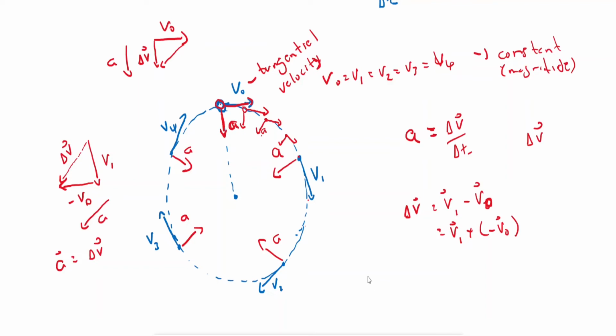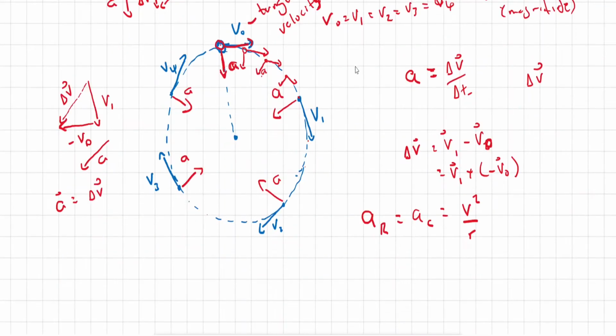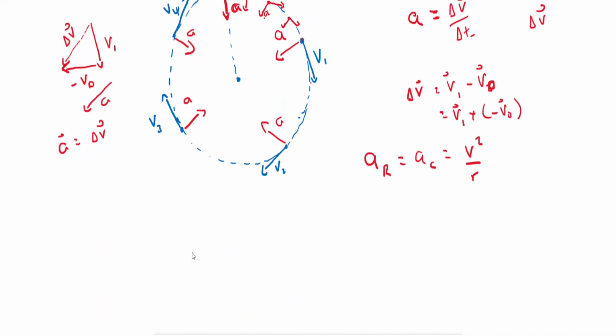We can call this acceleration the radial acceleration, or the centripetal acceleration if you want. You could say it's a_c. It is given by whatever the velocity is at that point, squared, divided by r. That's basically how you will find the magnitude of this radial or centripetal acceleration.